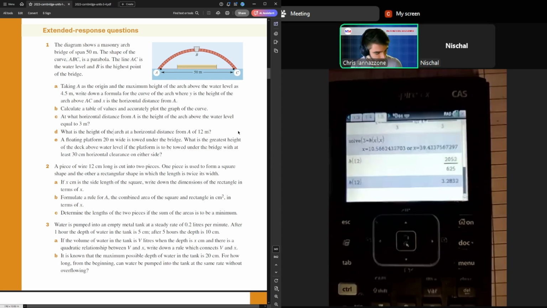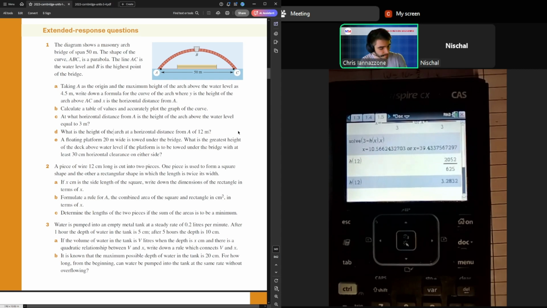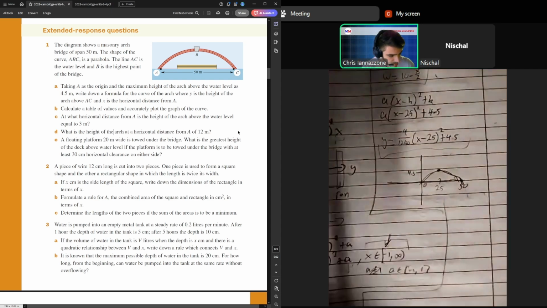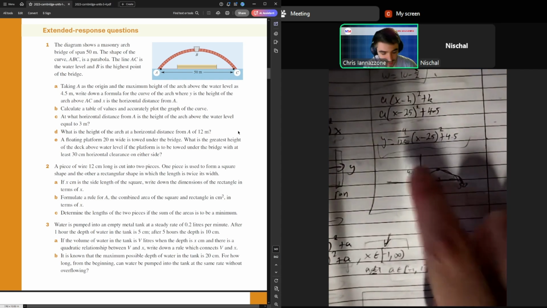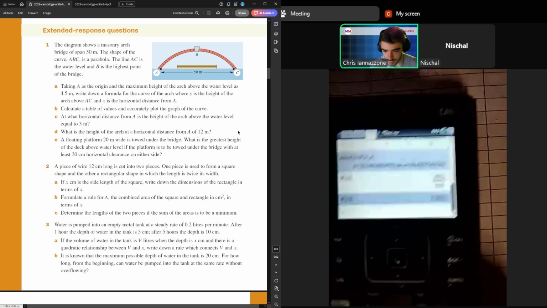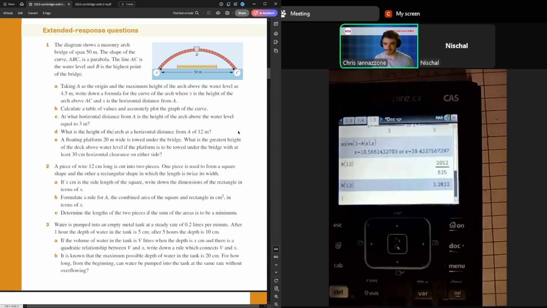And that's probably a good thing to do in an extended response, get both. That way you can see if your answer looks weird or not. Because if you're looking at your graph and you see you've put in 12 meters, so you know 12 meters is approximately there, I'd expect something pretty close to 4.5, which we do. So it's a bit of an error check you can do.